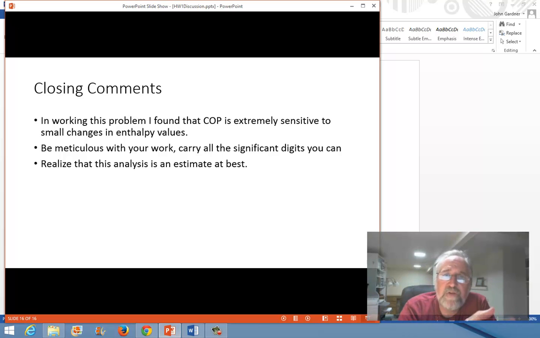In other words, if you change those enthalpy numbers, which were like 60 to 120, by just 1 point, so 120 to 121, it changed the COP by 0.5. So that change in h1 from 120 to 121 would change the COP from 5 to 5.5. So that's what I mean by really sensitive. Small changes in the enthalpies made big changes in the COP.